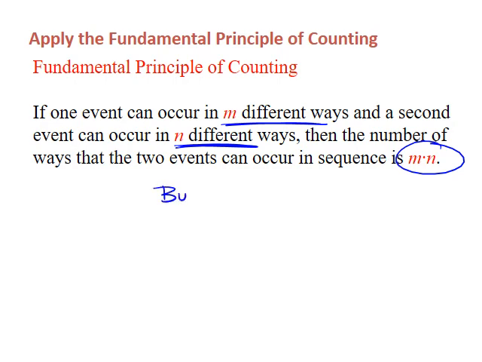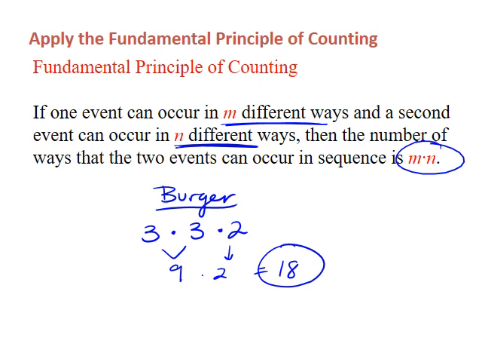So if we go back to that burger example, we had 3 choices for the patty, 3 choices for the cheese, and 2 choices for the bun. Well, this is 9 times 2 is 18. So it's a little bit easier than actually sketching out the tree each time.